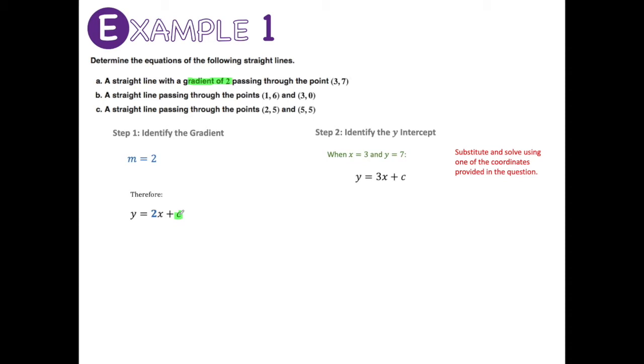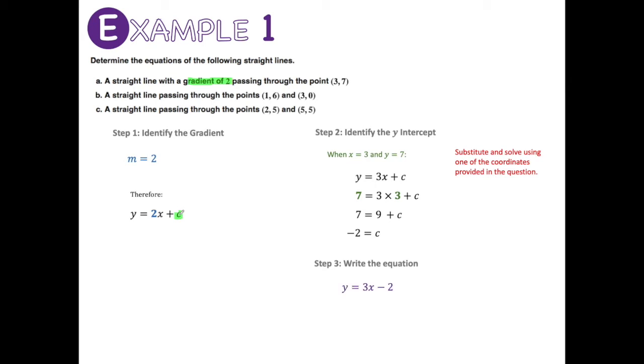So substituting in my x and my y value, 7 is equal to 2 times 3 plus c. So going ahead and solving, 7 is equal to 6 plus c. Subtracting 6 from both sides, 1 is equal to c. So now that I have my gradient and my y-intercept, I can go ahead and complete step 3 and write the equation.